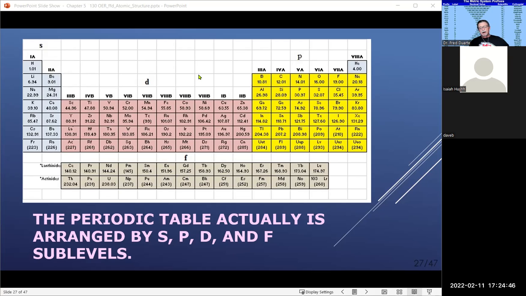So, if you have to be able to write the electron configuration for at least the first 20 elements, would you be doing the D elements or the F elements? Not necessarily. But would you be asked questions about the energy levels of the D's and the S's? That's a good chance.